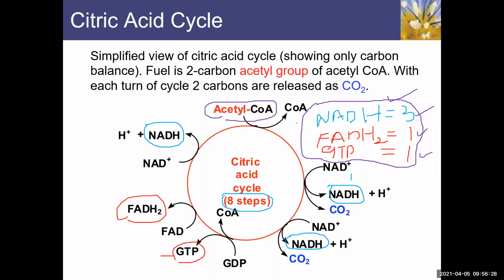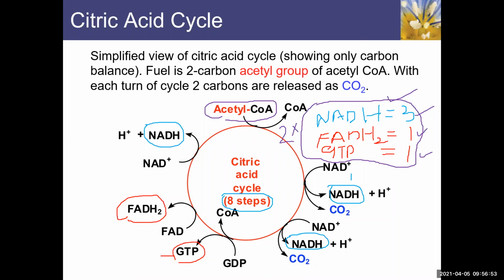So can I multiply this by two? We will not talk about ATP now. We will talk about ATPs at the end, how to convert NADH into ATPs. So can I say that at the end of the citric acid cycle, I will get 6 NADH, 2 FADH2 and 2 GTPs?